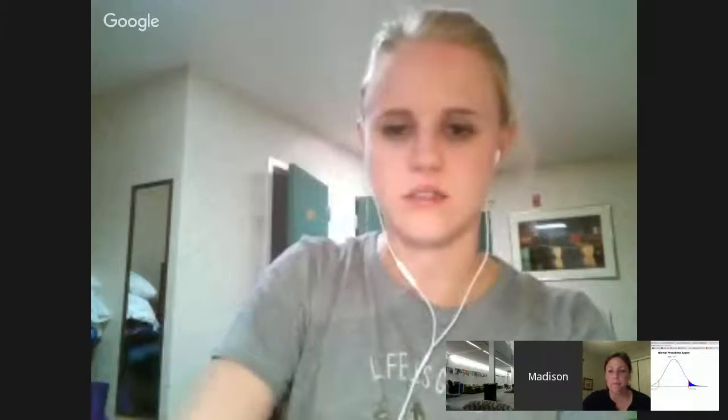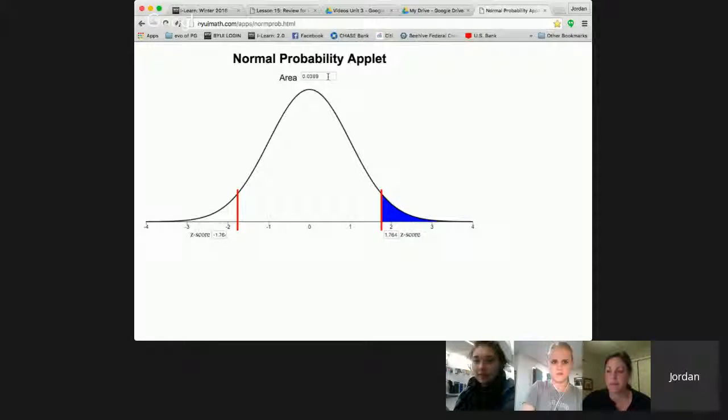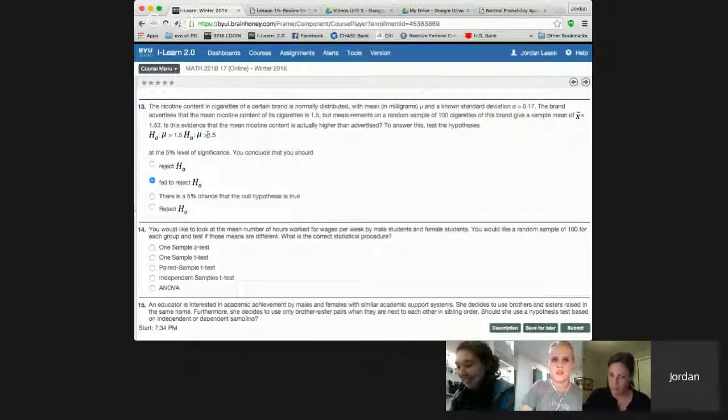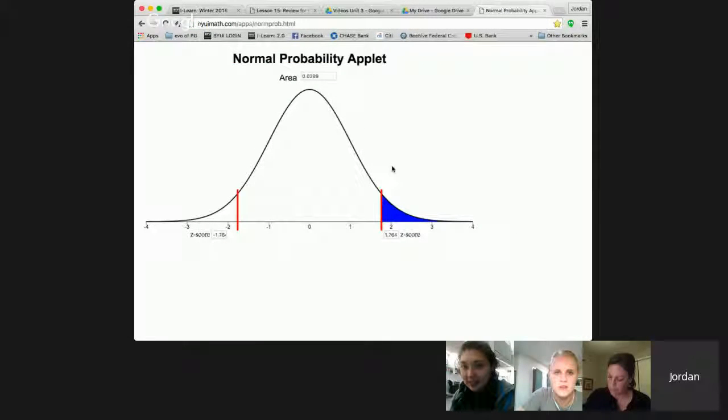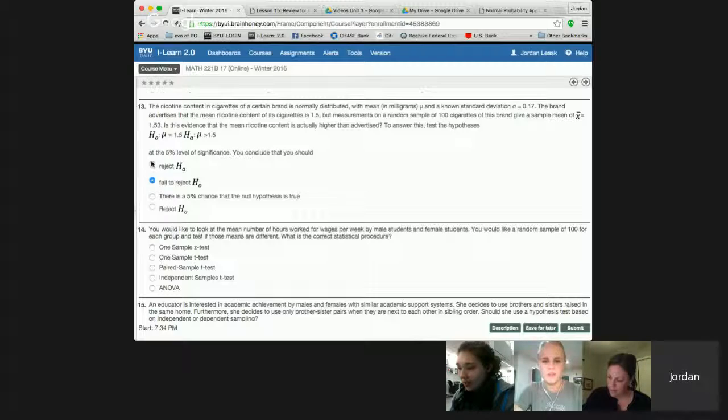Should I have gotten 0.0389? Should I have just shaded above it? You should shade above, because look at our alternative hypothesis. It's one-sided, a greater than sign. I've got to be on top of that. So then we get 0.03, and that means we reject the null hypothesis.